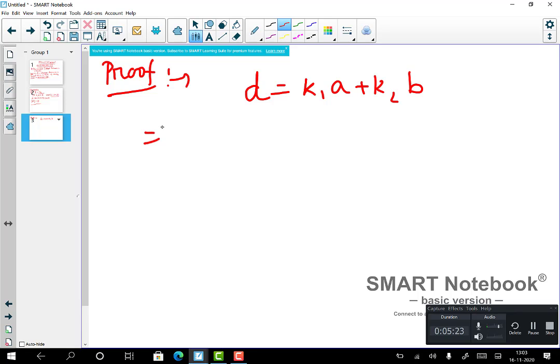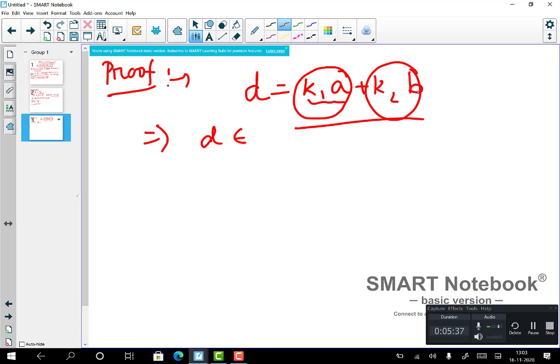That means D belongs to the ideal generated by A and B, so this belongs to I, right? So this ideal generated by D is a subset of I. One part is obvious, the other part is also the same.